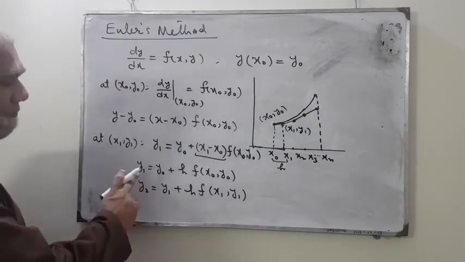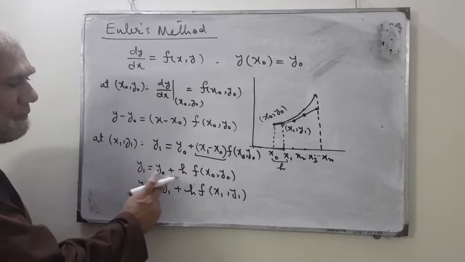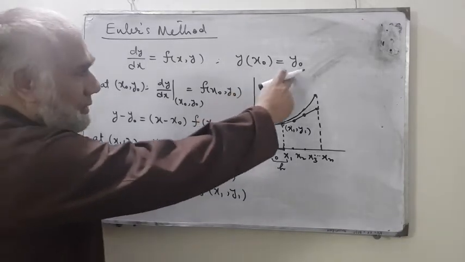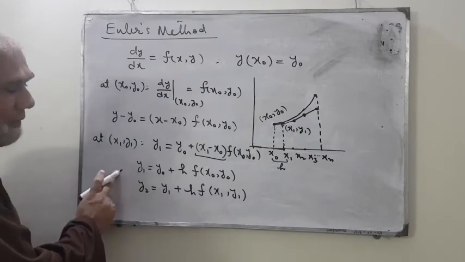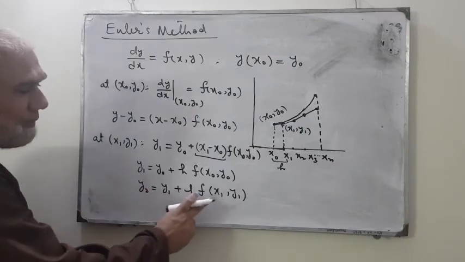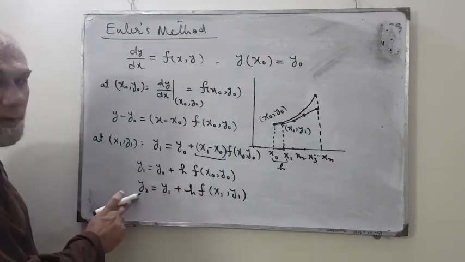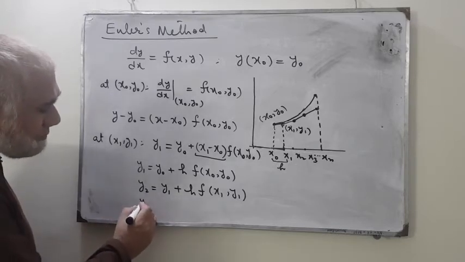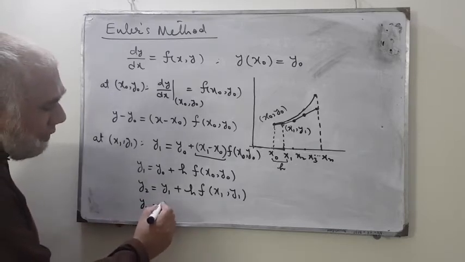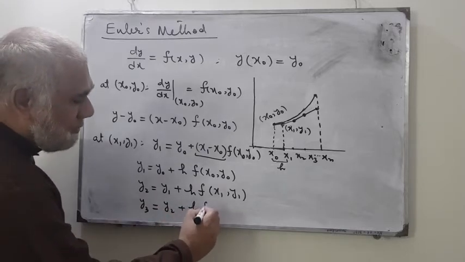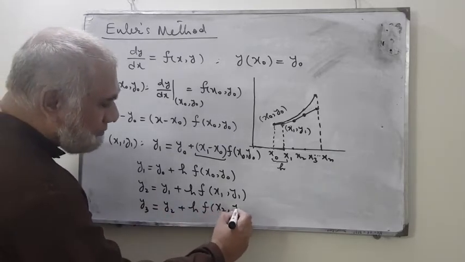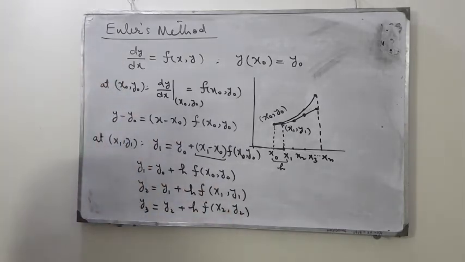You can see here for y1 we use the previous values, which were given in the form of the initial conditions, and we obtain y1. After finding y1, you can use y1 and x1 in order to find y2. Similarly, the next can be obtained by using the previous values, y2 plus h times f of x2 and y2.